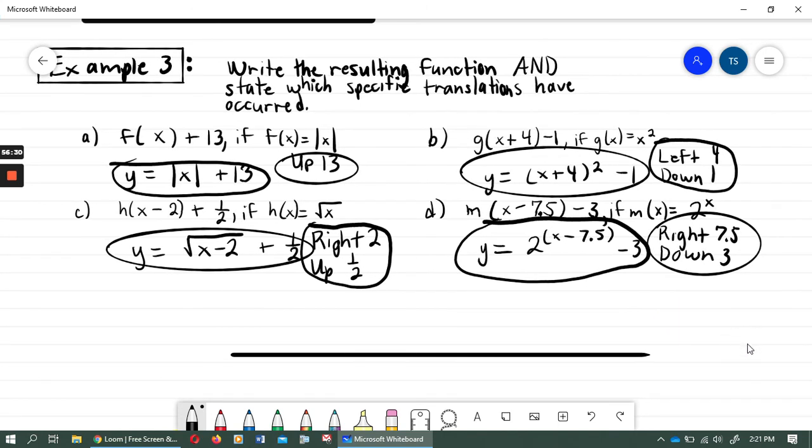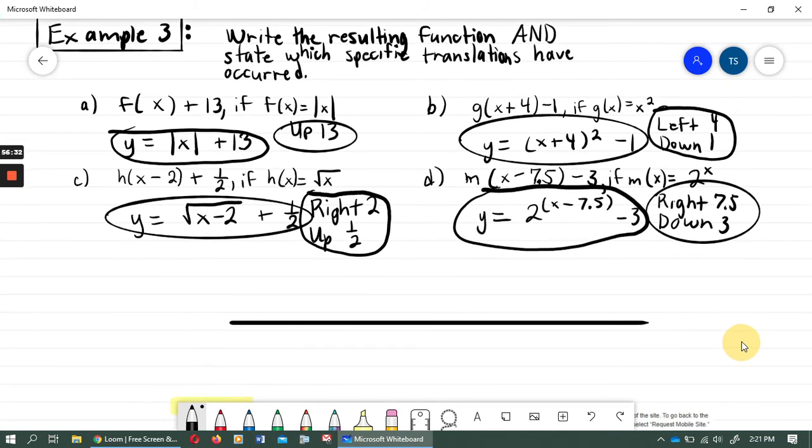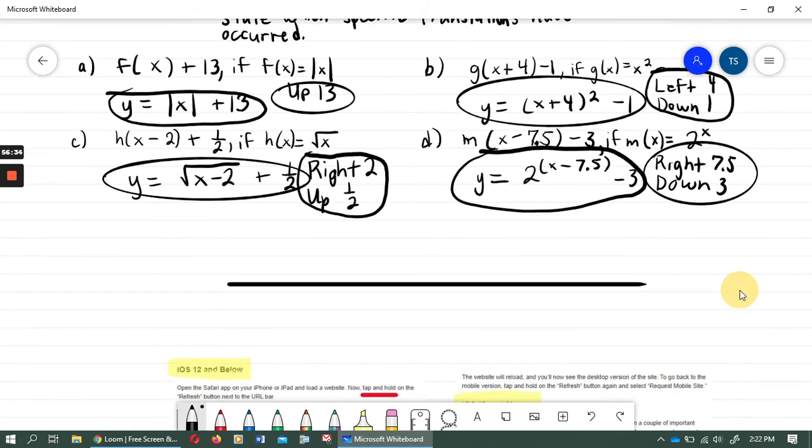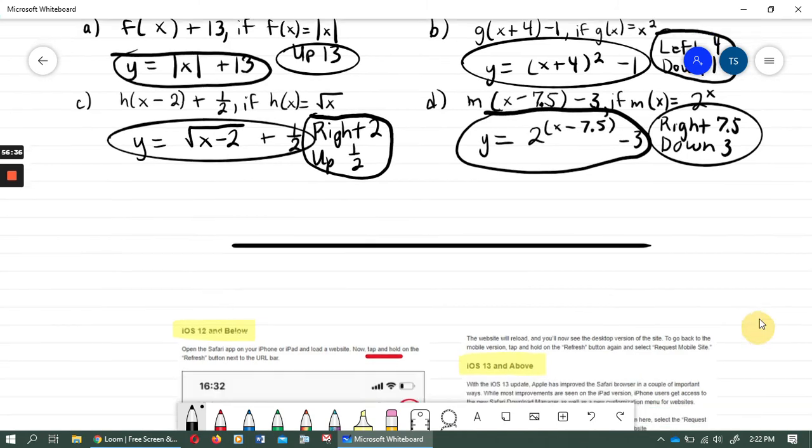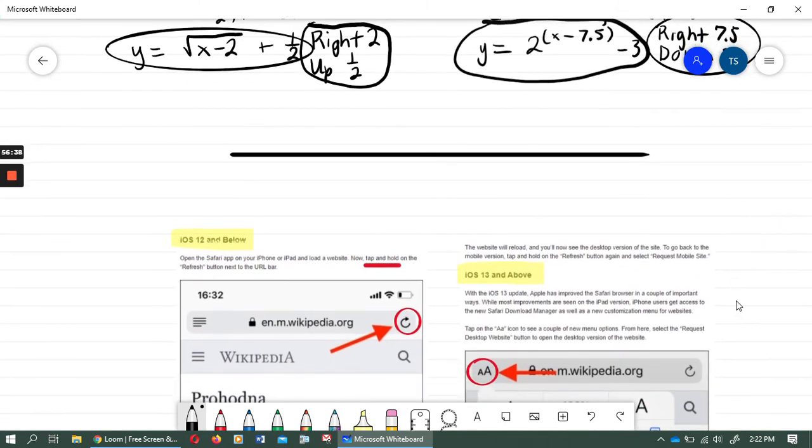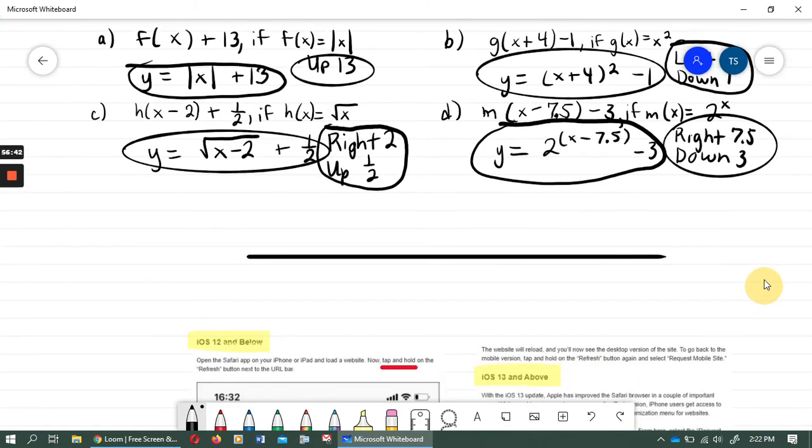Guys, again, I wanted to make sure that I showed you how to do the Delta Math assignments, and I am going to do that in just a brief moment.